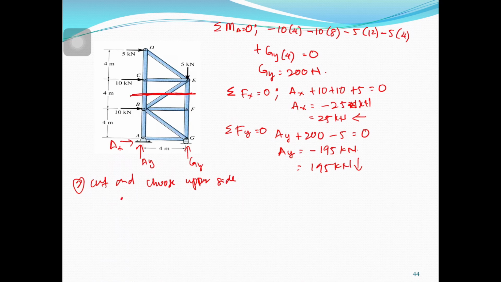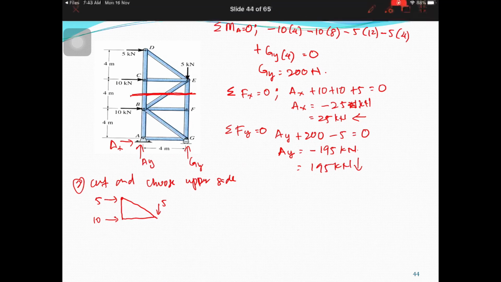If we redraw, we have it like this, and we have 5 here, 10 here, and 5 here. And then we have the member directions. So I use a different color.